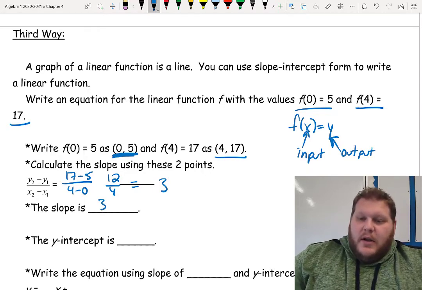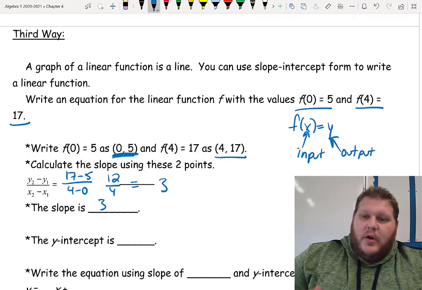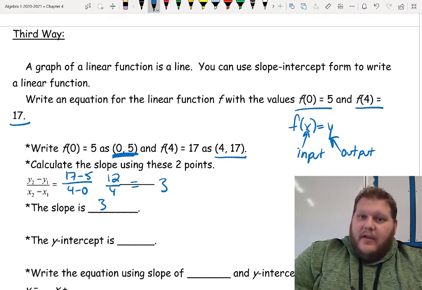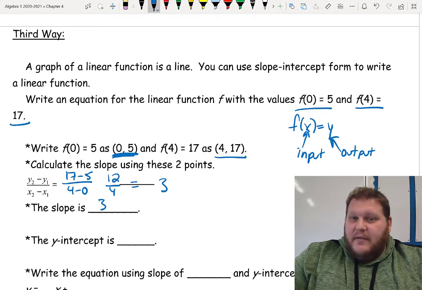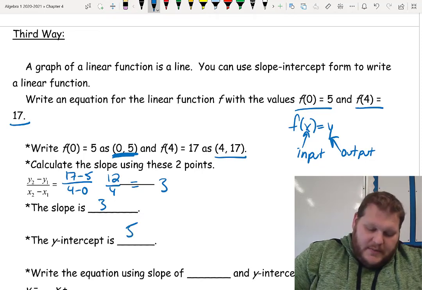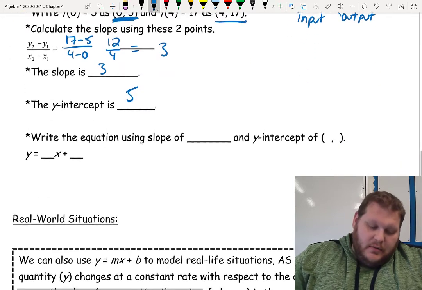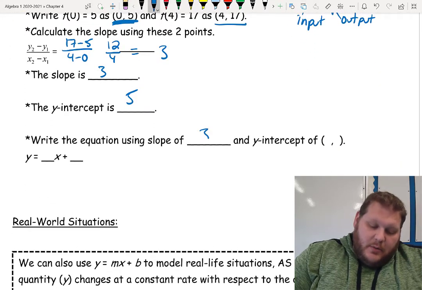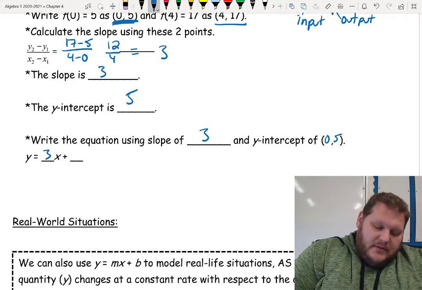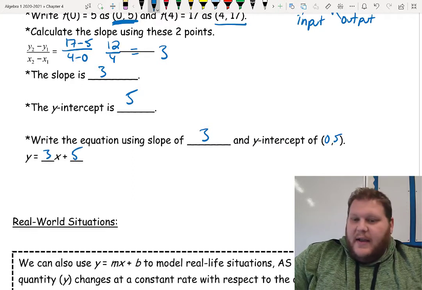From there, we also know since 0, 5 was one of my points, my x value is 0, my y value is 5. 5 is my b value because my y-intercept is always when x is 0. So again, here, we're going to write the equation using a slope of 3 and a y-intercept of 0, 5. That is 3x plus 5.